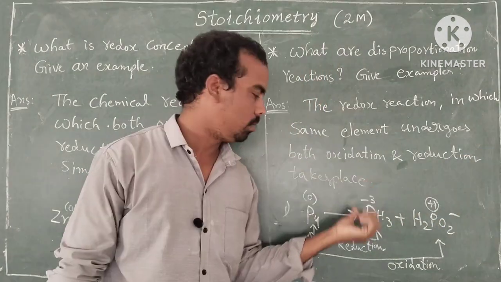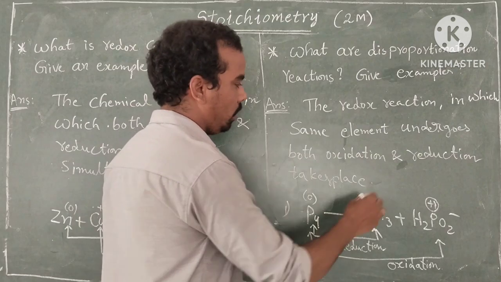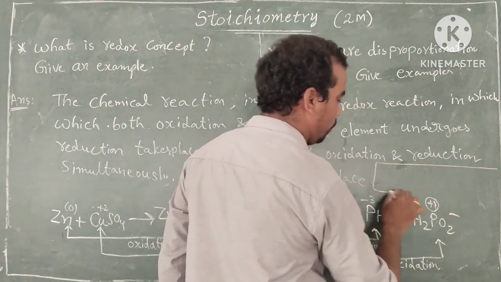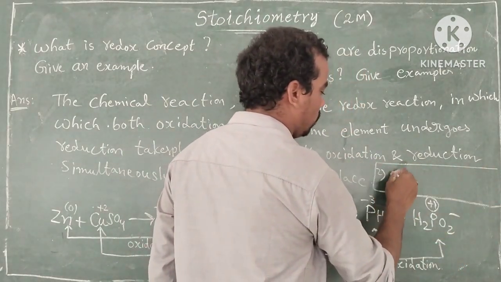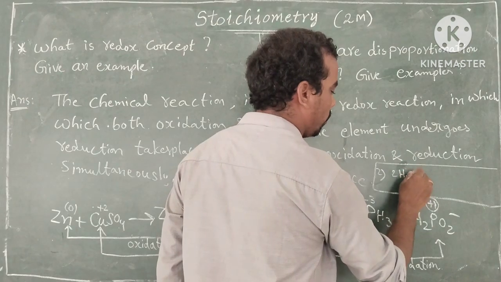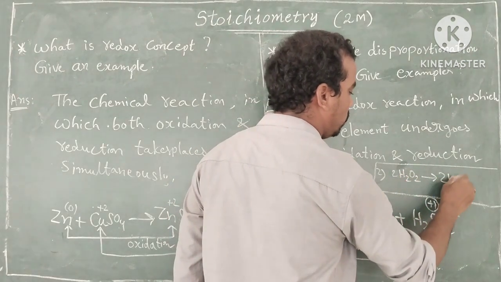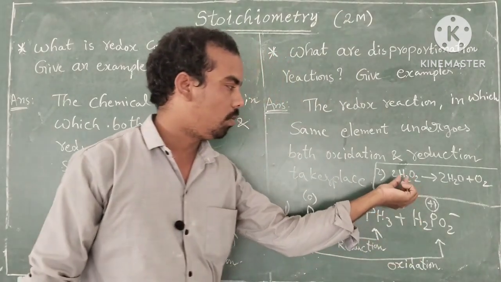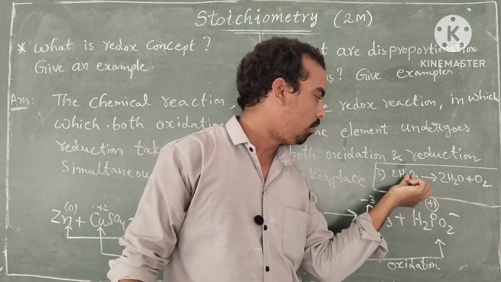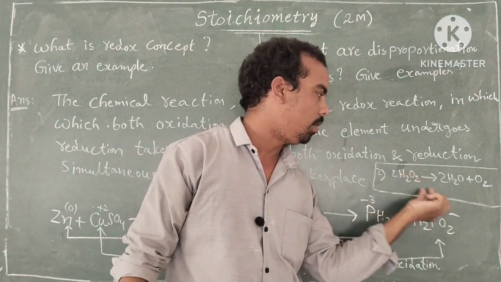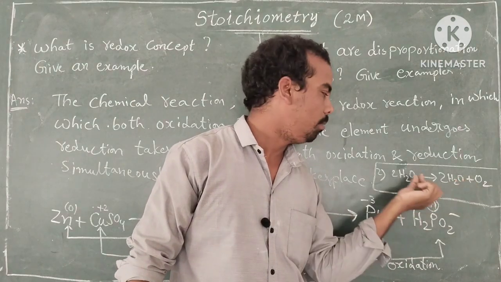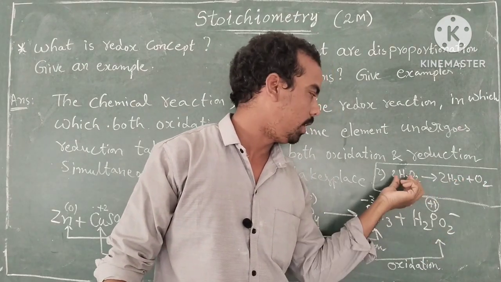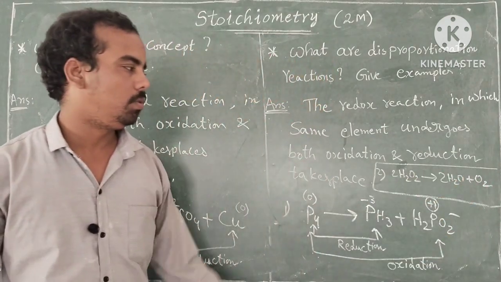Statement 1 mark. Another, second example: 2H2O2 gives rise to 2H2O plus O2. Here oxygen undergoes oxidation and reduction. O in the peroxy linkage, minus 1 to minus 2 is reduction, minus 1 to 0 is oxidation.